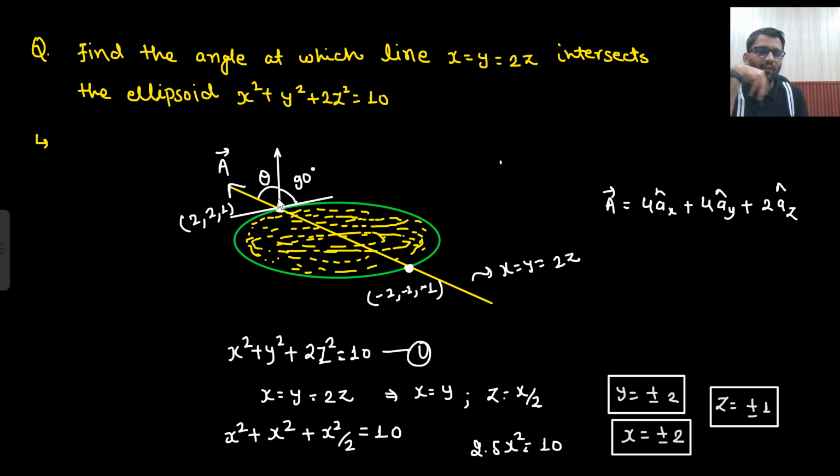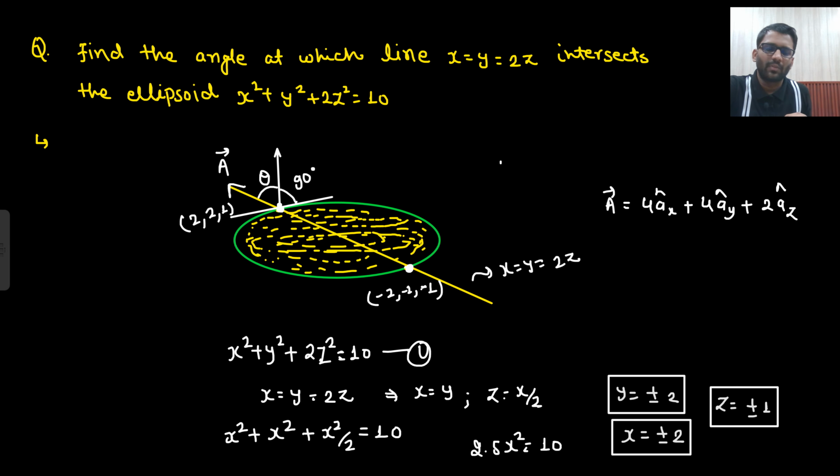Now what do I need? I need this perpendicular value. So how will I get that? I'm just going to find my gradient at this particular point, 2, 2, 1. What is the curve? What is my phi?